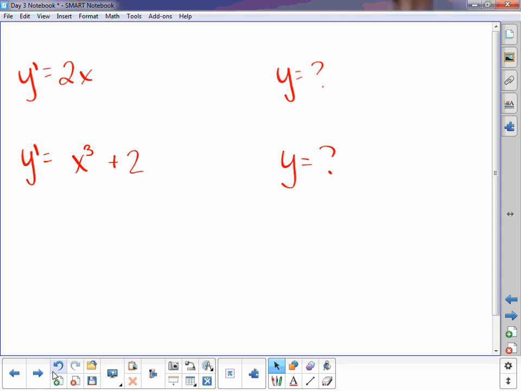So you gotta do the opposite derivative. That's easy. So x is x squared, and then that bottom. On the second one.